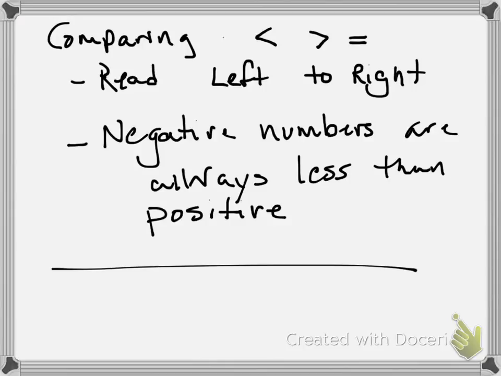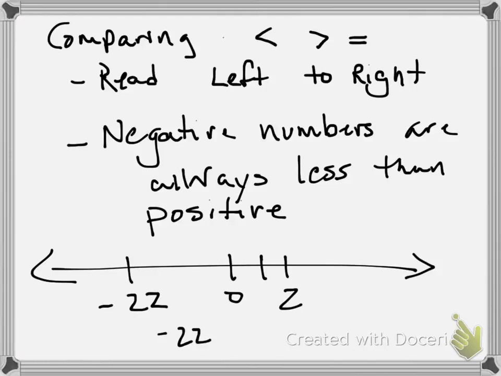Which makes sense if we think about a number line. Here's 0. If I have negative 2, or even more than that, negative 22, that's going to be a smaller number than plain old 2. So this would read negative 22 is less than positive 2.